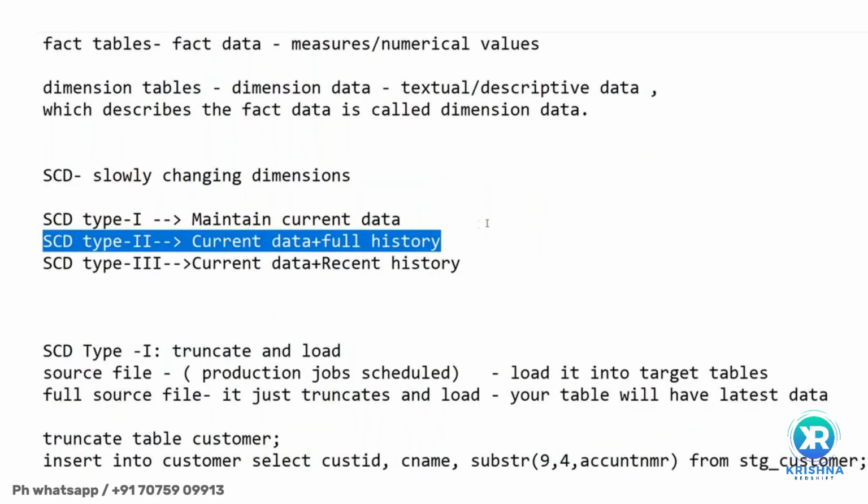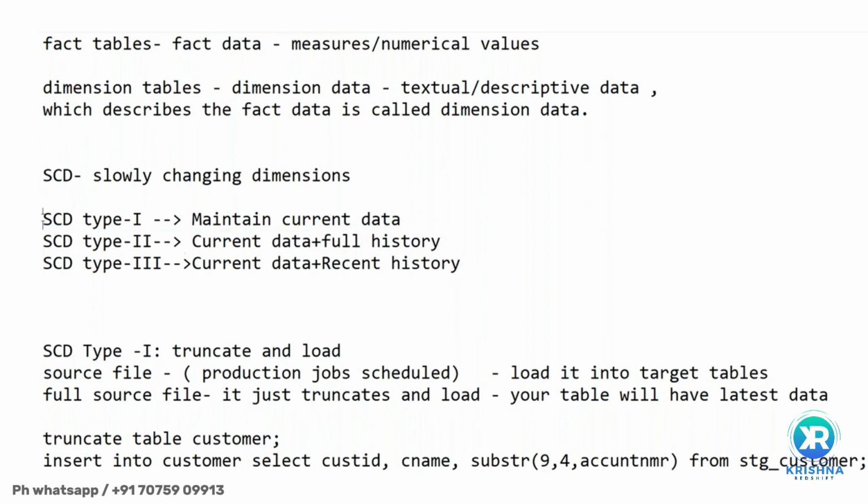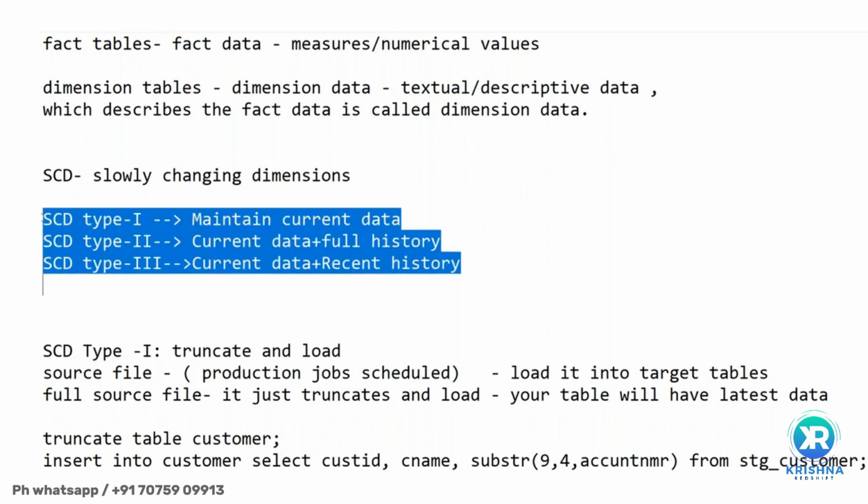SCD type 2 means current data plus full history, and there is a definite question in every interview on SCD type 2. 100% question. SCD type 2, current data plus full history. Very important. I would suggest you have a look at SCD type 1, type 2, type 3 by tomorrow's session.